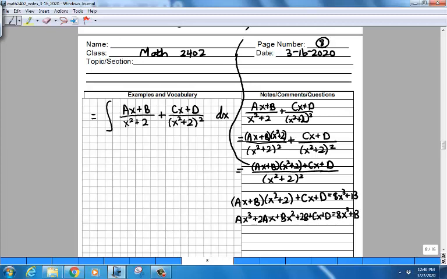Now, let's add like terms together on the left-hand side.